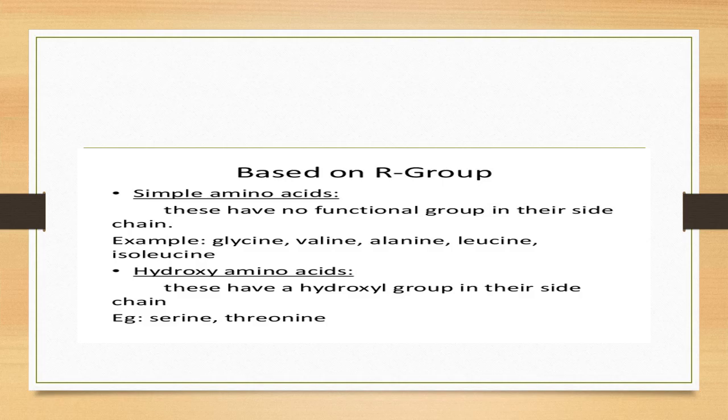So if you have a simplest amino acid, it has the simplest R, that is called as the methyl group, and examples are glycine, valine, and this simple amino acid structure is based on the R group.